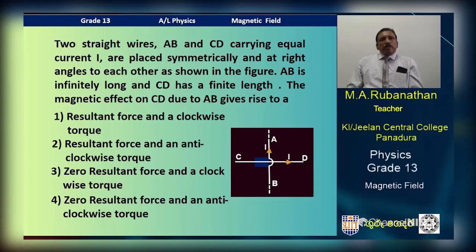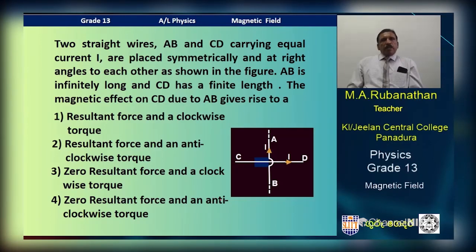The two straight wires AB and CD carrying equal current I are placed symmetrically and at right angles to each other as shown in the figure. So see this figure, they give the right angle.